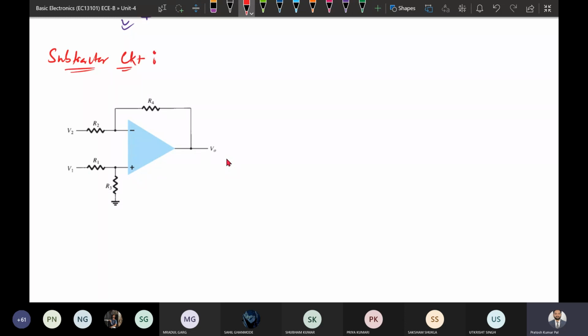By using an operational amplifier, we can implement the subtractor also. We have already seen how we can implement the subtractor. Like there are 2 different inputs. In case of the basic operational amplifier, we have V output is gain times VI, where VI was the difference of 2 different inputs, V2 minus V1.